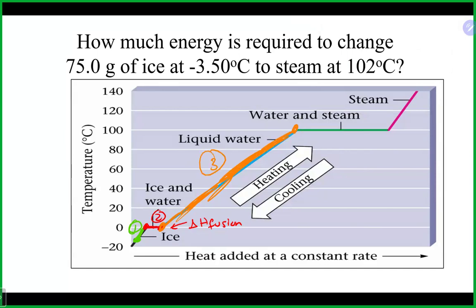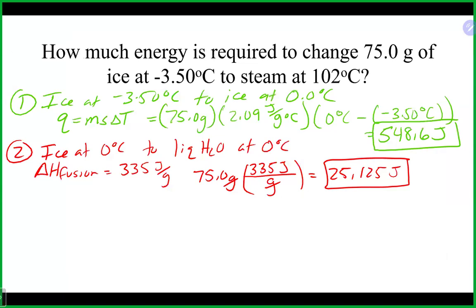So all the way up that orange line I just drew there, that is all liquid water. So that's the same phase, but we're changing the temperature. So again, this is going to take us back to our specific heat equation. We're going to use our specific heat equation to do the third step here, which is taking liquid water at 0 degrees Celsius to liquid water at 100 degrees.